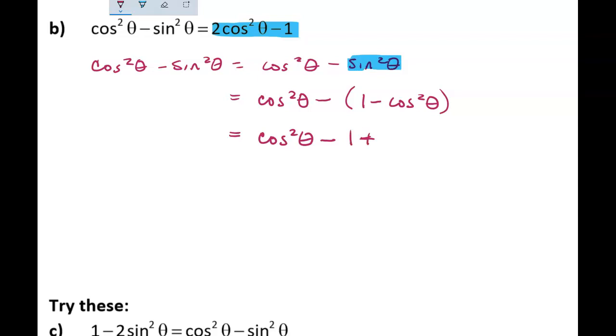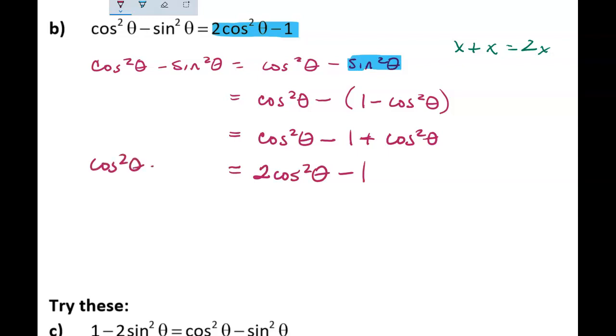Distributing our minus sign, we get cosine squared of theta minus 1 plus cosine squared of theta. Remember that whenever we add something with itself, like x plus x, for instance, that's 2 times x. So cosine squared of theta plus cosine squared of theta is equal to 2 times cosine squared of theta. I don't know why I wrote cotangent there, but it's 2 times the cosine squared of theta minus 1, and we have our target.